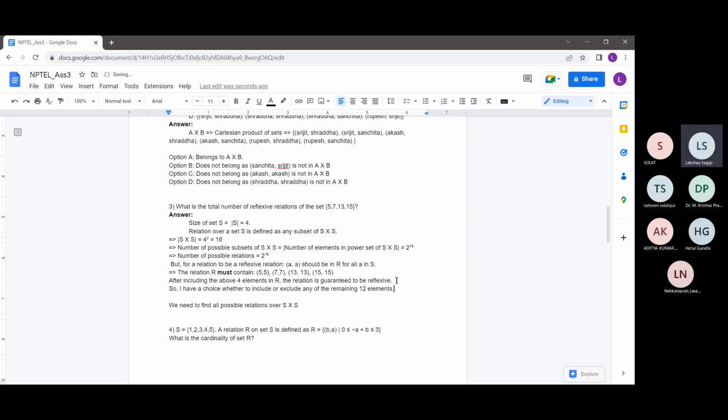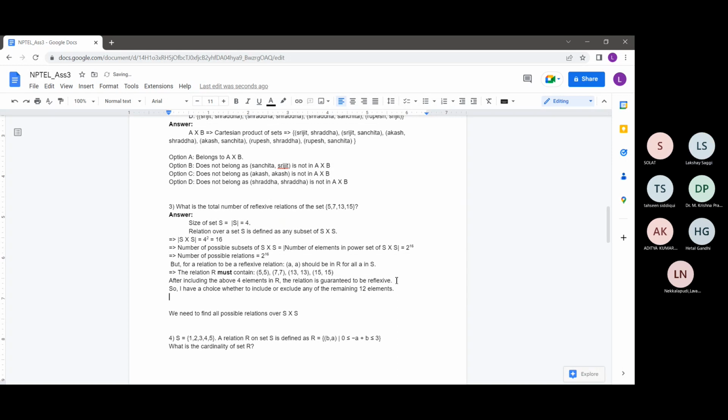So this corresponds to 2 to the power 12 possible choices. Basically, I have got these 4 elements, and there were a total of 16 elements. The difference between 16 and 4 is 12. So for these 12 elements, I have a choice over every element, whether to include it in my relation or exclude it.